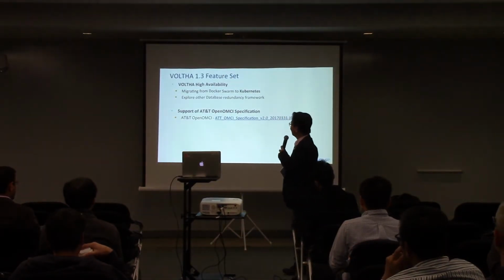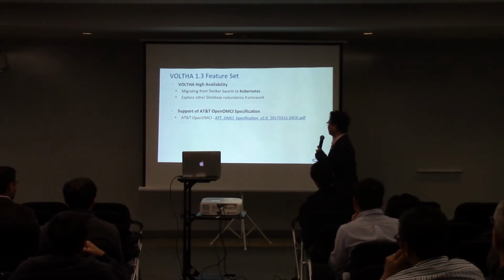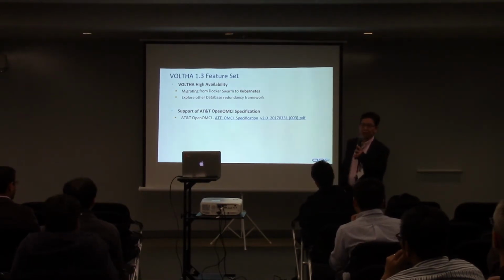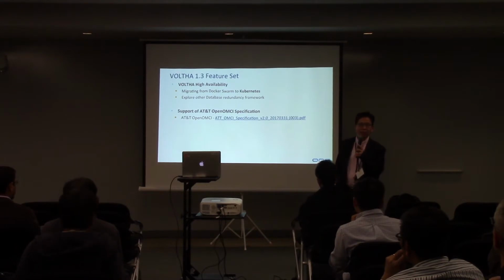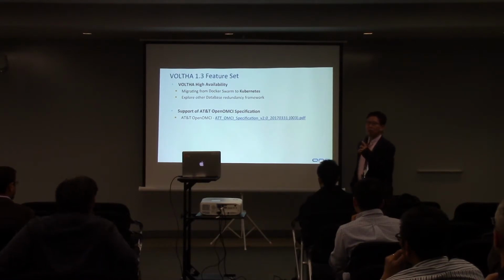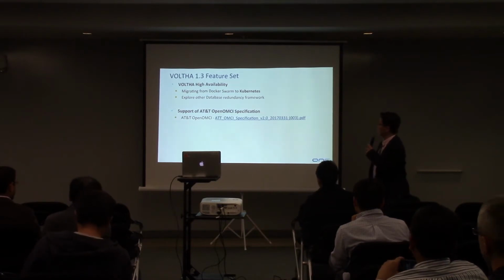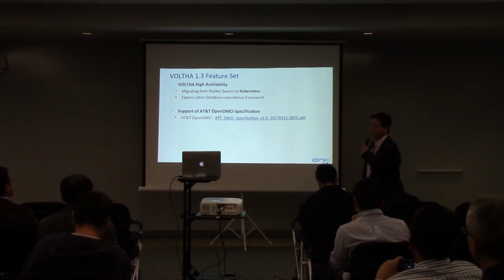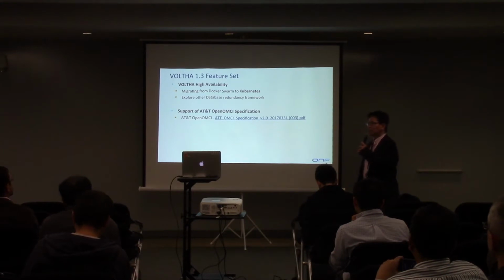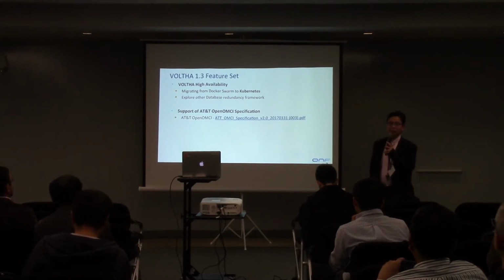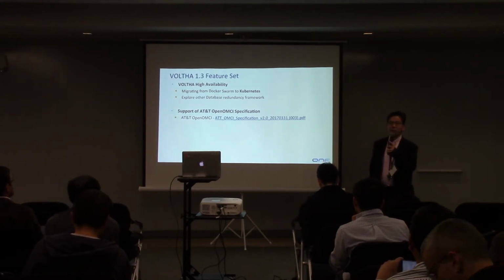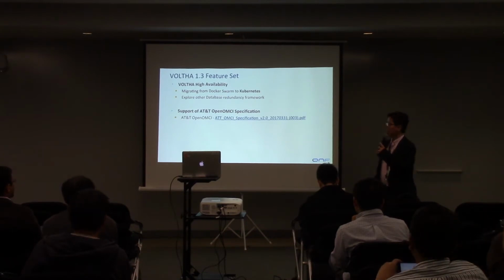In 1.3 there is VOLTHA high availability so far. Right now, as Sergio explained yesterday, it is using Docker swarm to support high availability for VOLTHA. During testing and development, we found a lot of issues related to Docker swarm.